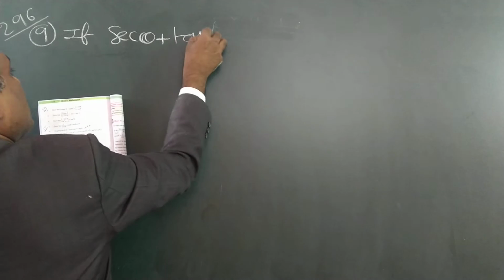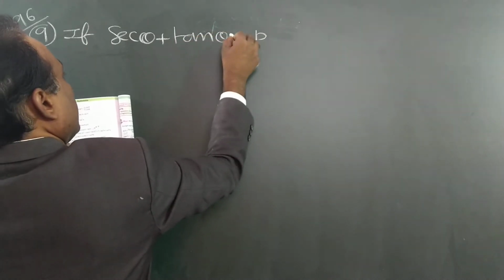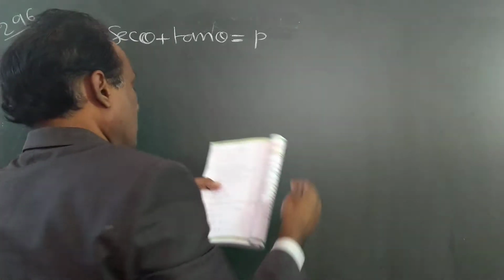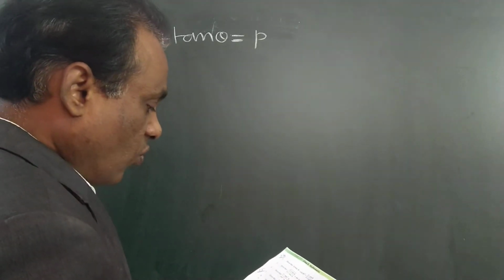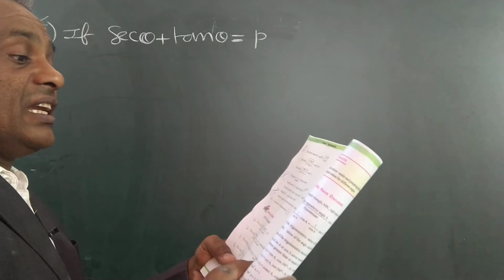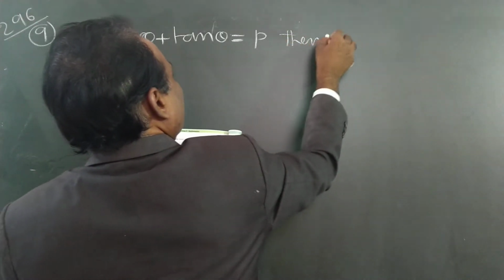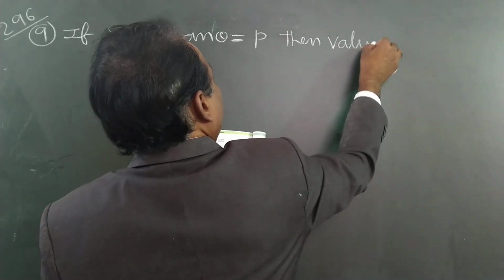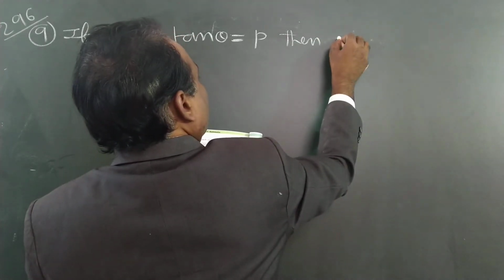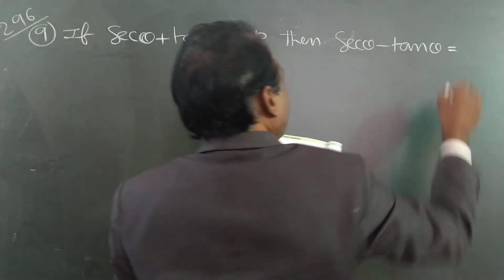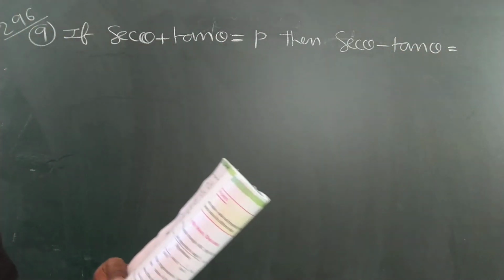Secant theta plus tan theta is equal to P. Then what is the value of secant theta minus tan theta? You write in full. I am not writing the full question.